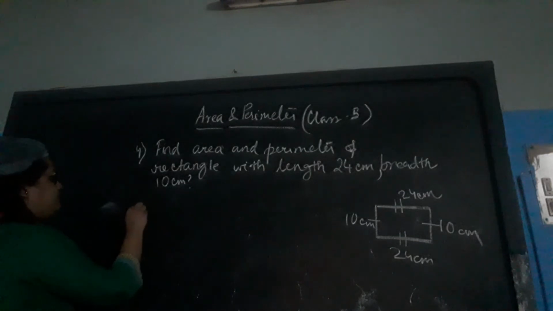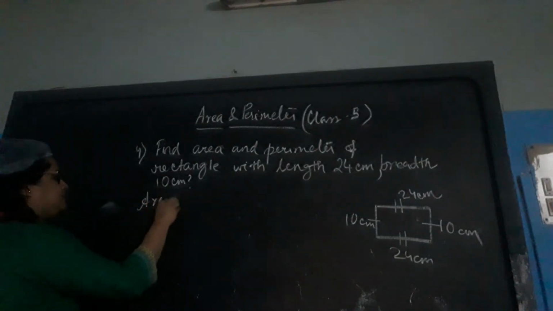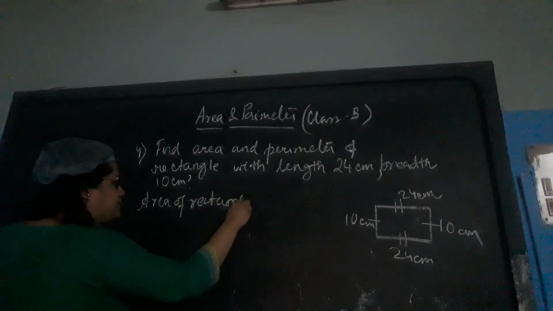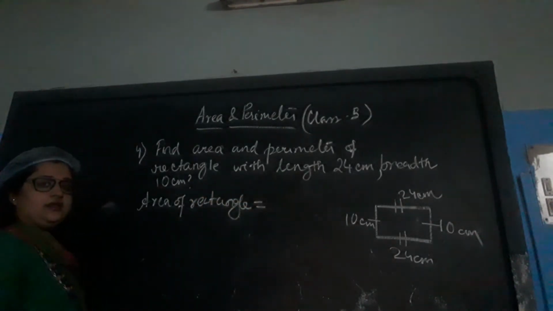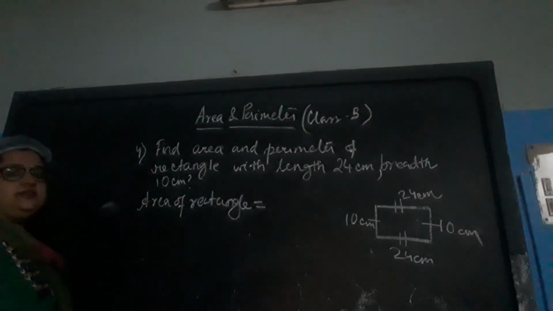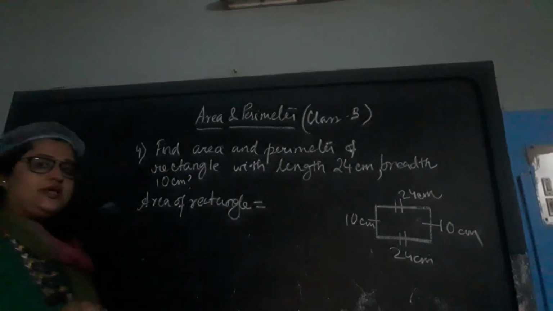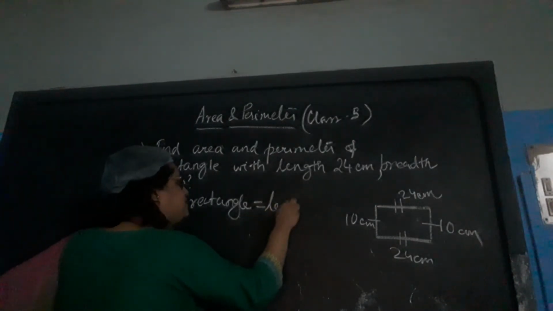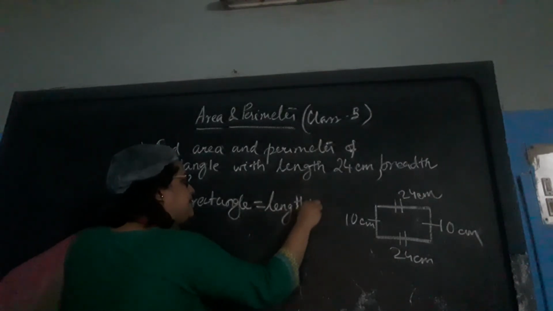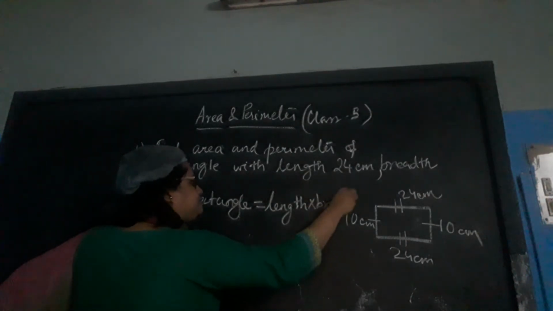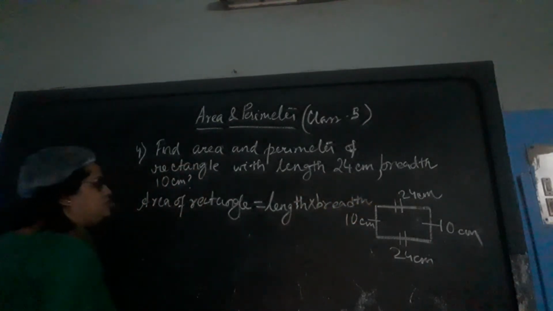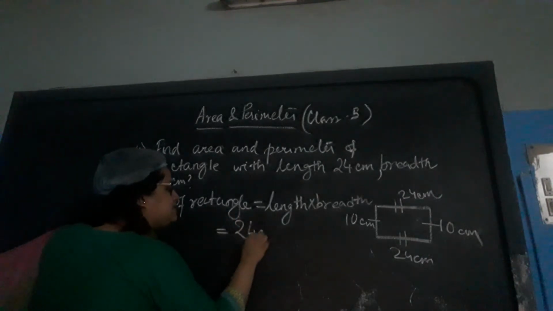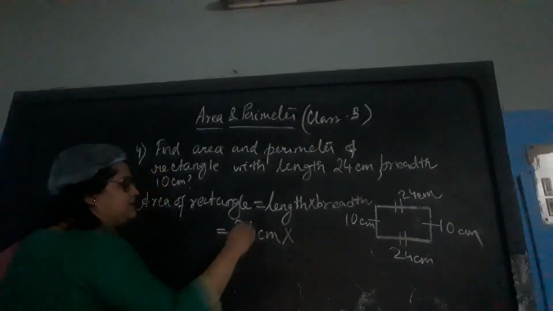So we will begin with finding the area. Area of rectangle, the formula is not the same in case of rectangle and square. So please check the question which you are attempting, check the figure and then put the formula. Area of a rectangle is equal to length into breadth. So the length is 24 centimeters and breadth is 10 centimeters.